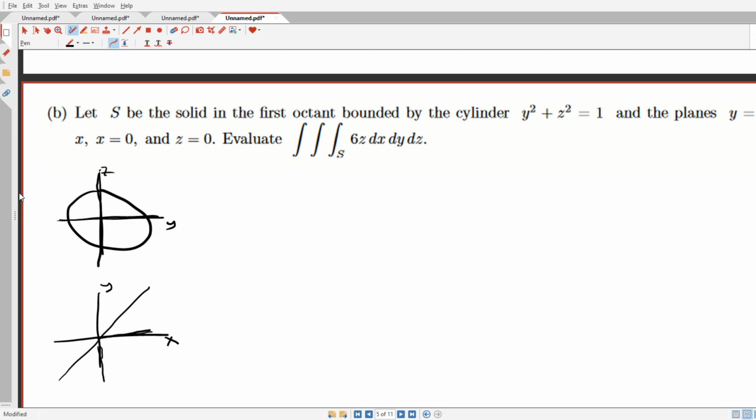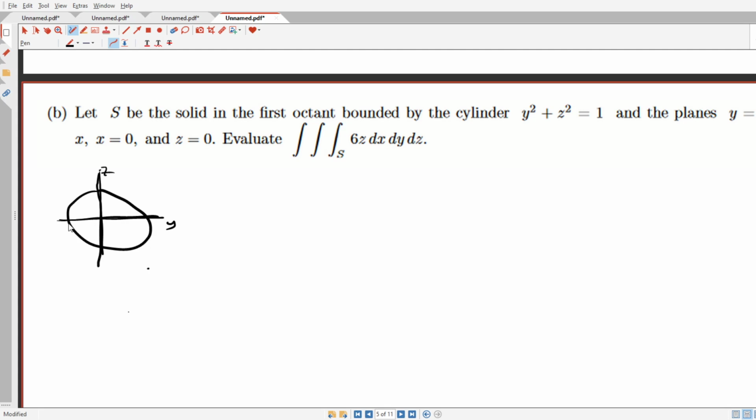The cylinder. I'm integrating with respect to x. Oh, I see. We're going to have a cylinder going around the x-axis. What does this region look like? Okay, so we have this.